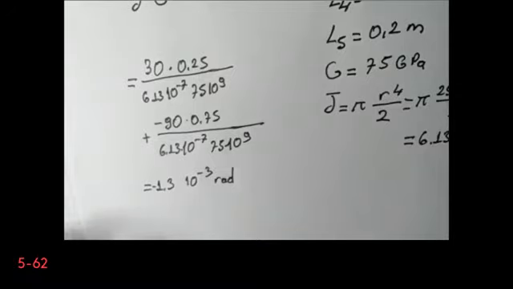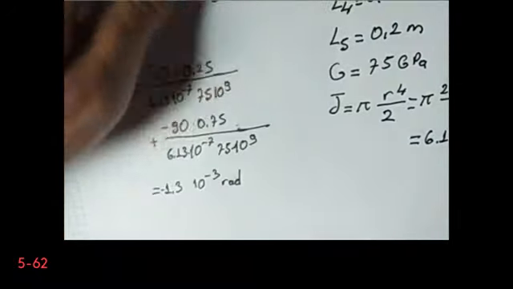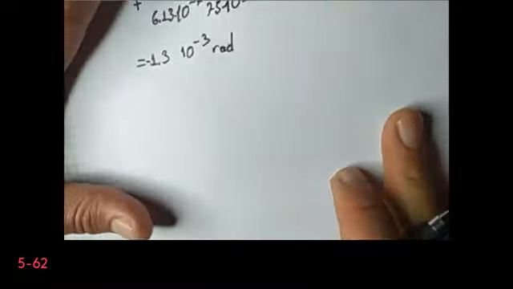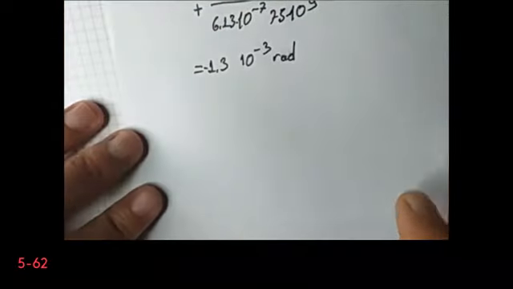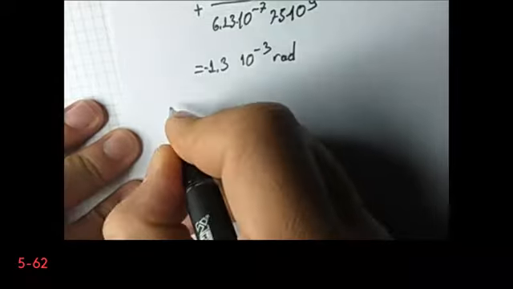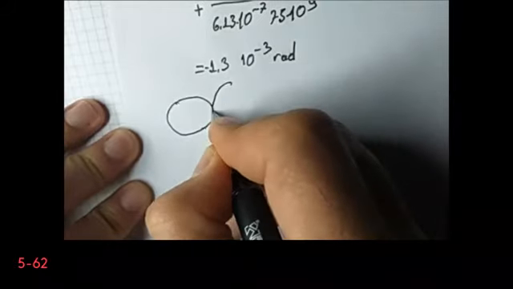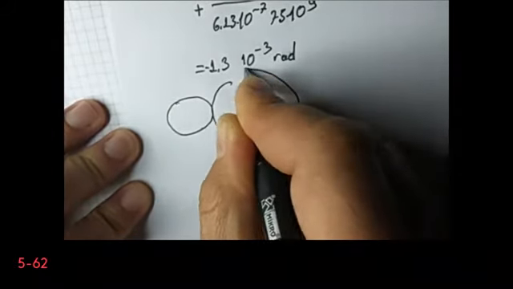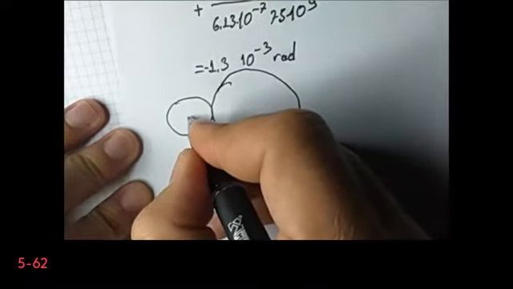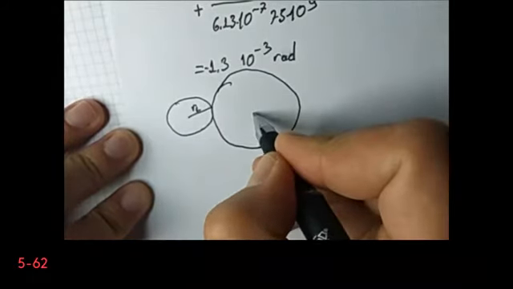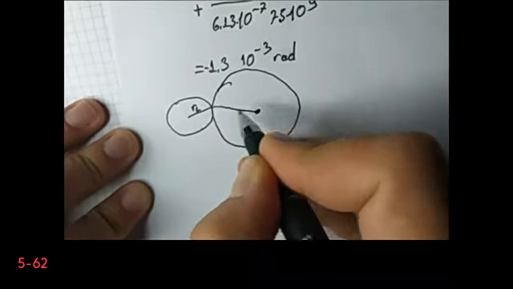Now, just return back to our problem. Now we have two gears. One big and one small. And we know that the small one has a radius of R1 and the large one has a radius of R2.